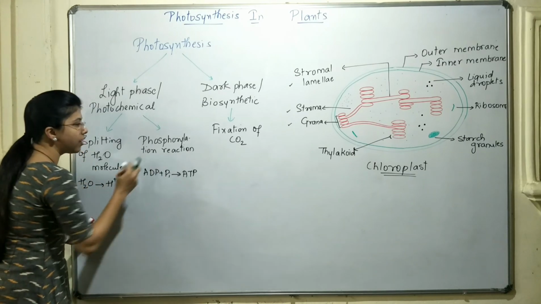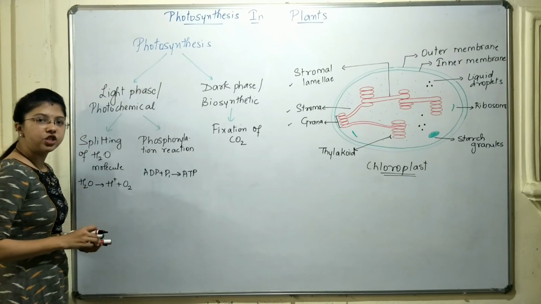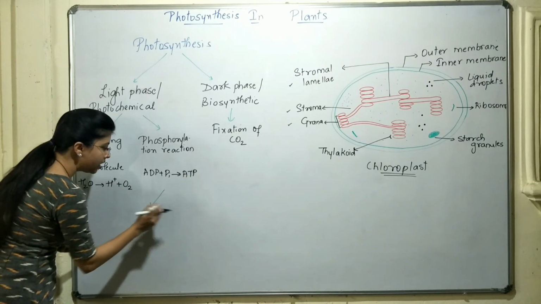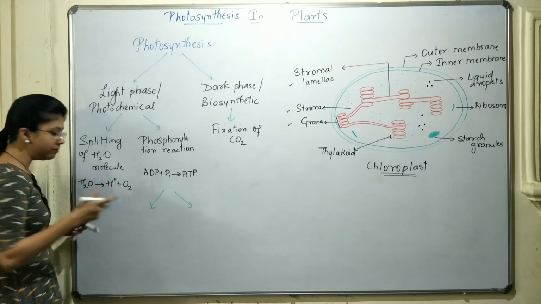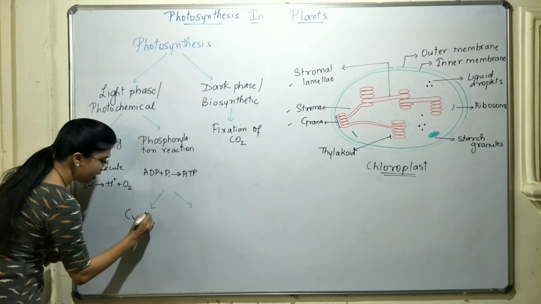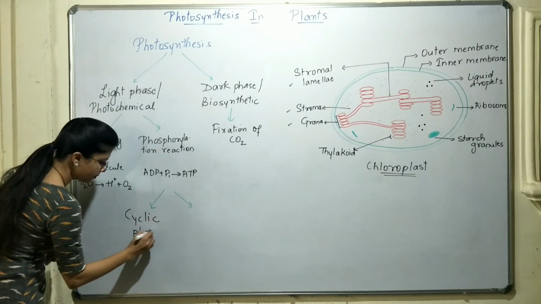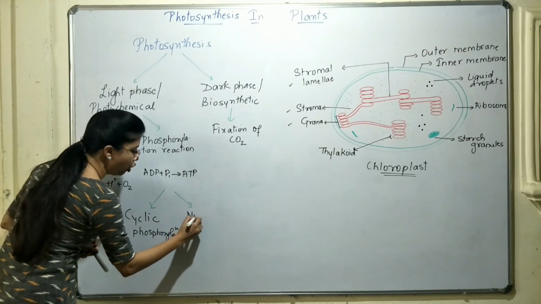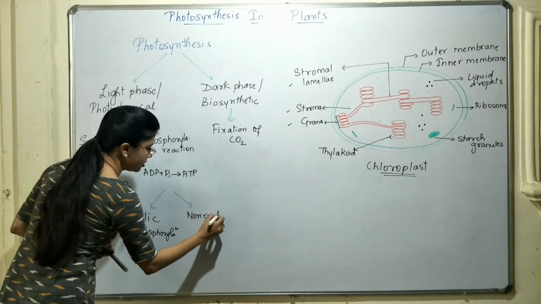Now, this phosphorylation reaction, which takes place for the synthesis of ATP, can, depending upon the pathway it follows, be cyclic phosphorylation or non-cyclic phosphorylation.